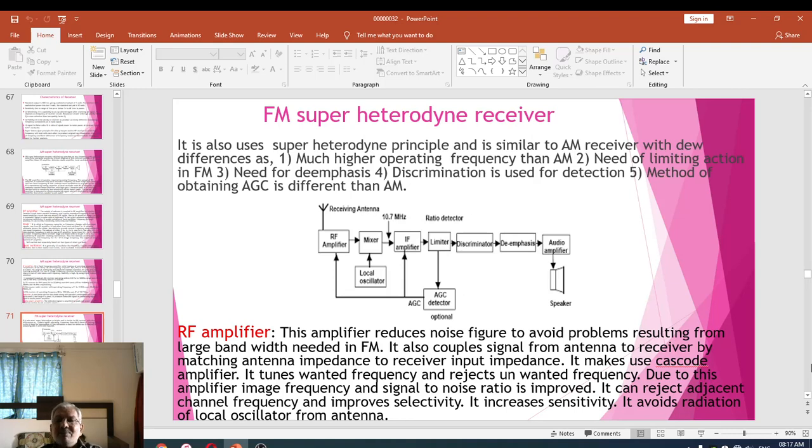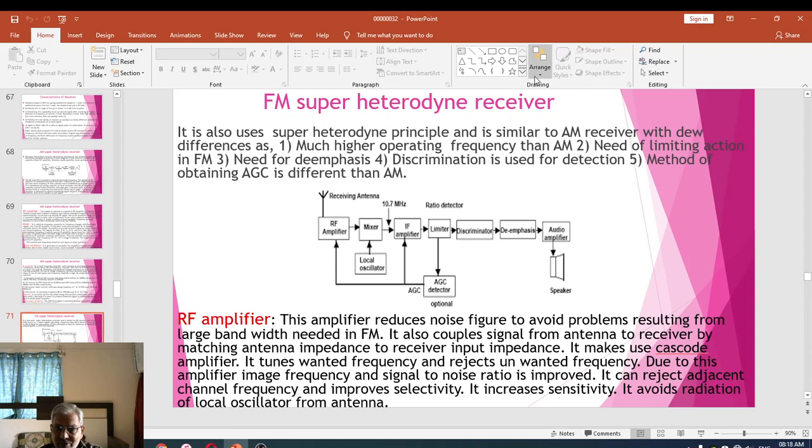With this standard, the receiver that recovers the original information is known as AM super heterodyne receiver. Obviously, it makes use of the super heterodyne principle.